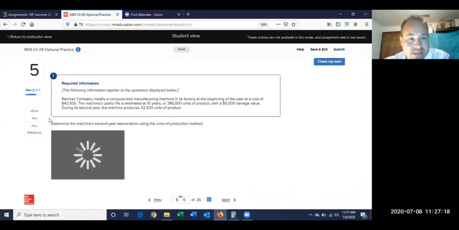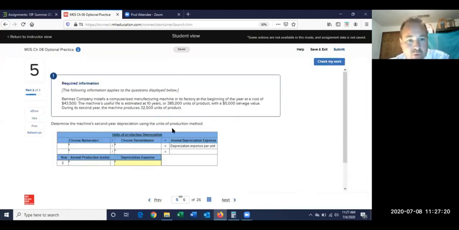Now number 5, same thing, except on this one we're using the units of production. If you remember with the units of production, you use the same starting point, cost minus the salvage value, and then you divide by your total units of production.